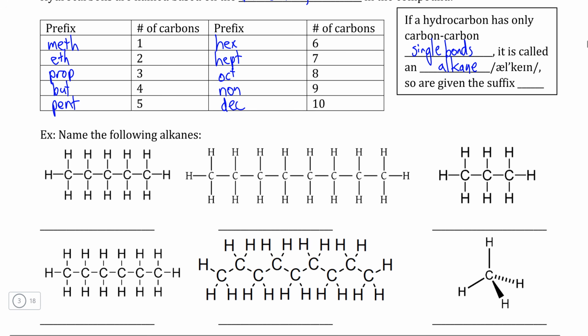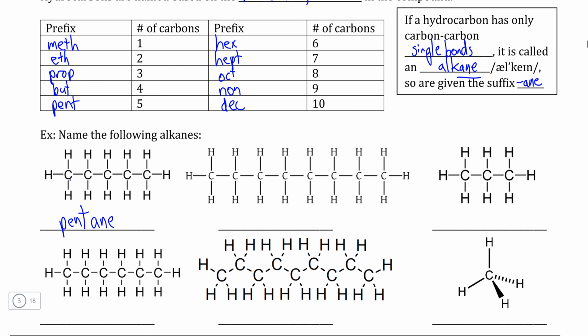And as these are called alkanes, we give each of these the suffix ane. So for example, this hydrocarbon, we see 1, 2, 3, 4, 5, and we know the prefix for 5 is pent, and because it contains only single bonded carbons, this is what we would call pentane.